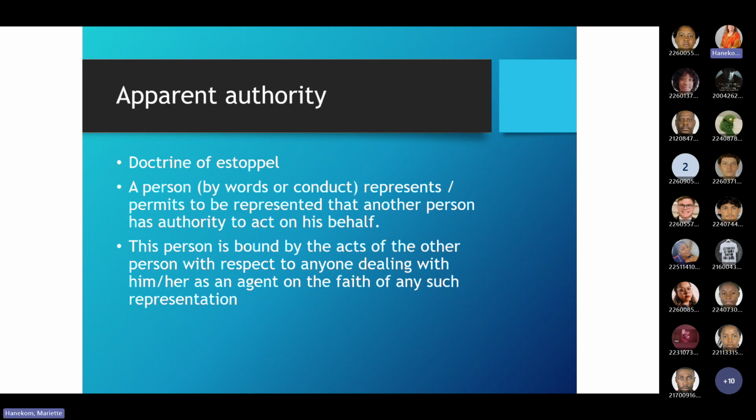And then one random day on a Thursday, I have a fight with Roland and I tell him, sorry, you're not my agent anymore. Can't do this for me anymore. Say he was my personal assistant. He had implied authority. It came with the job. Now I fire him, so to speak. So he no longer has authority.